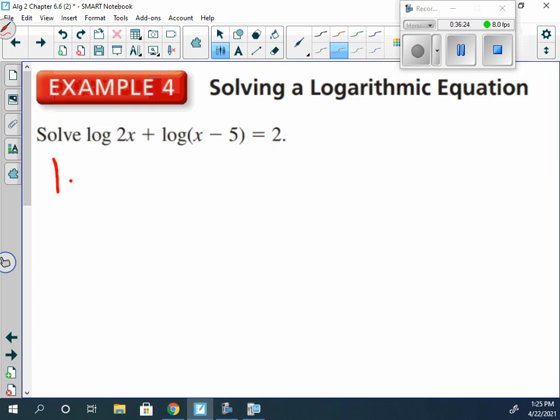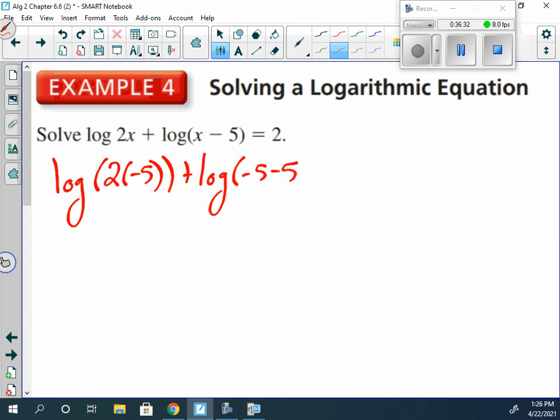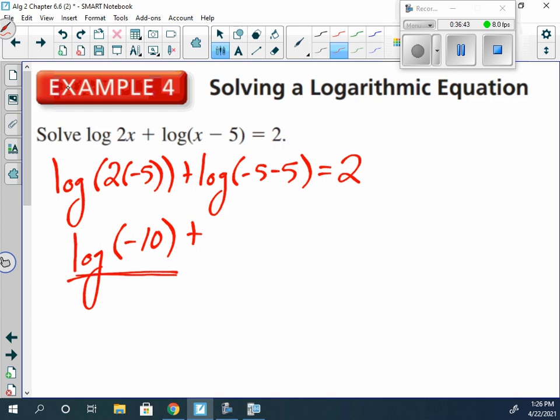So when we start off, it'd be log of 2 times -5 plus log of -5 minus 5 equals 2. Well, 2 times -5 is -10. Well, I have a negative inside of the log. So I know immediately that -5 doesn't work.